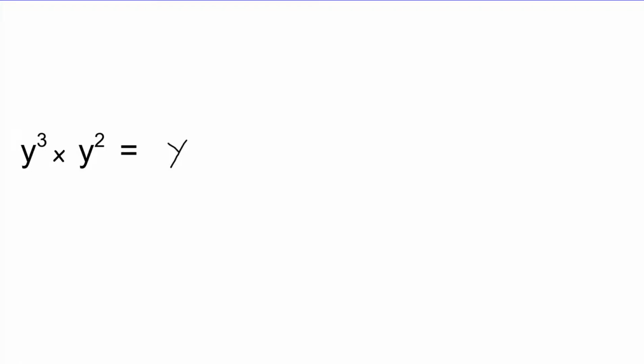So it's y to the exponent 3 plus 2, which is equal to y to the exponent 5. This one doesn't need to be simplified any further because the exponent isn't attached to a specific number. It's attached to a variable, and we don't know what number that variable is. It could be any number, as a matter of fact.